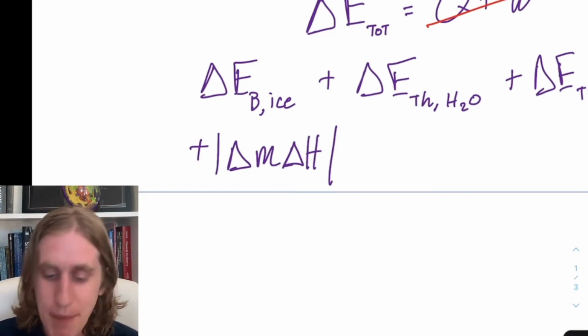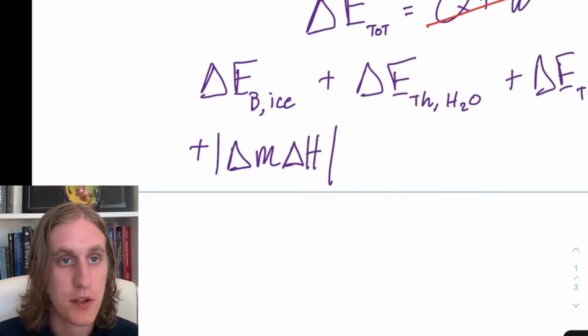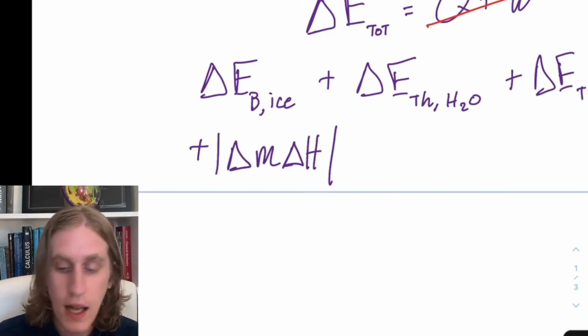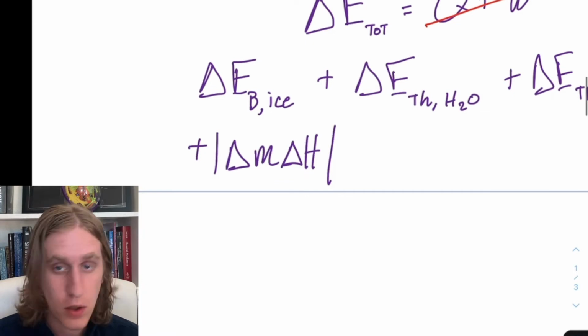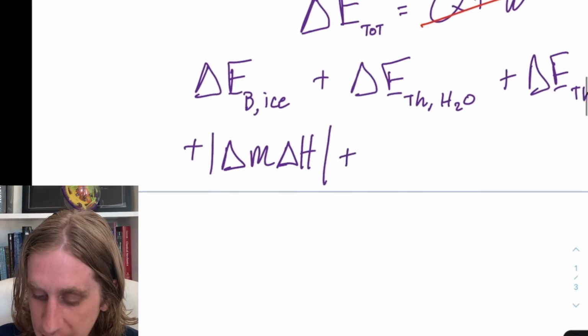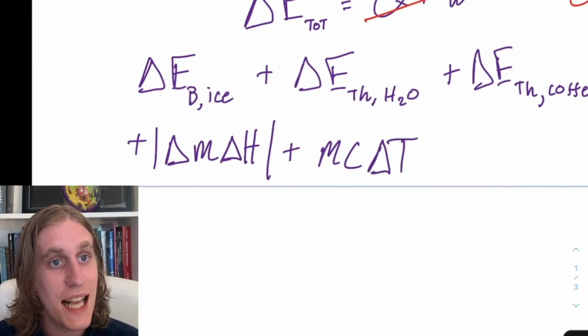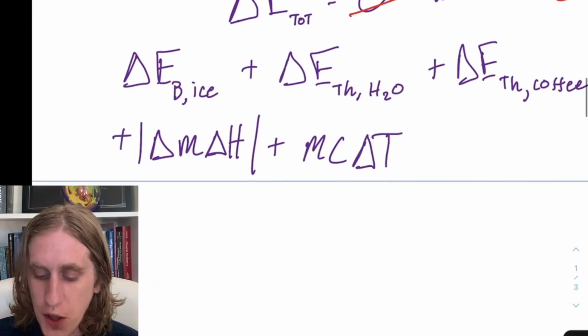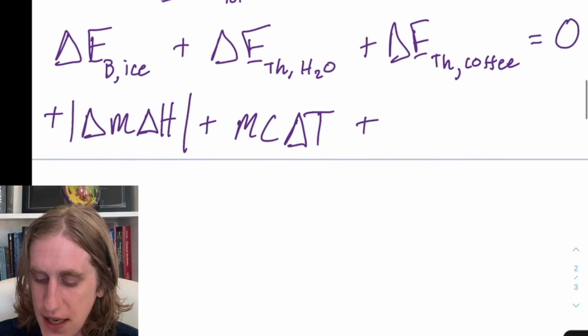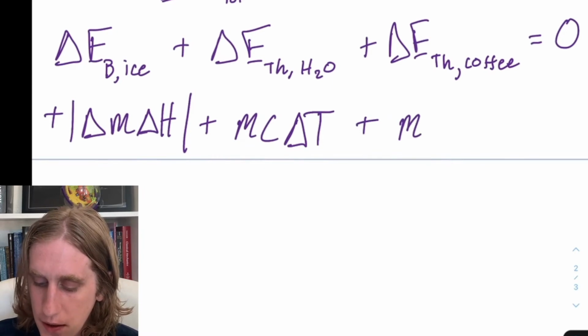Now, let's think about the thermal energy of the melted water. We know what this looks like. It's just mc delta T. And lastly, let's look at the thermal energy of the coffee. It's also just mc delta T.